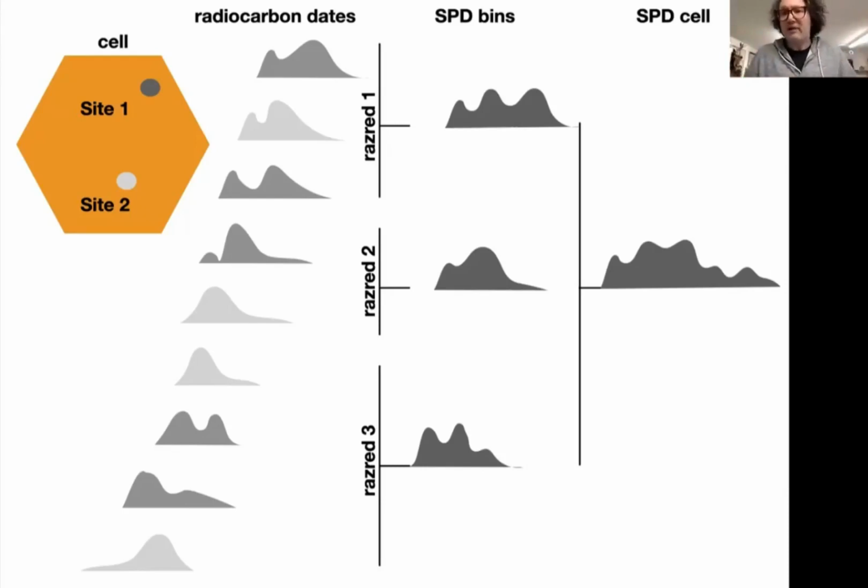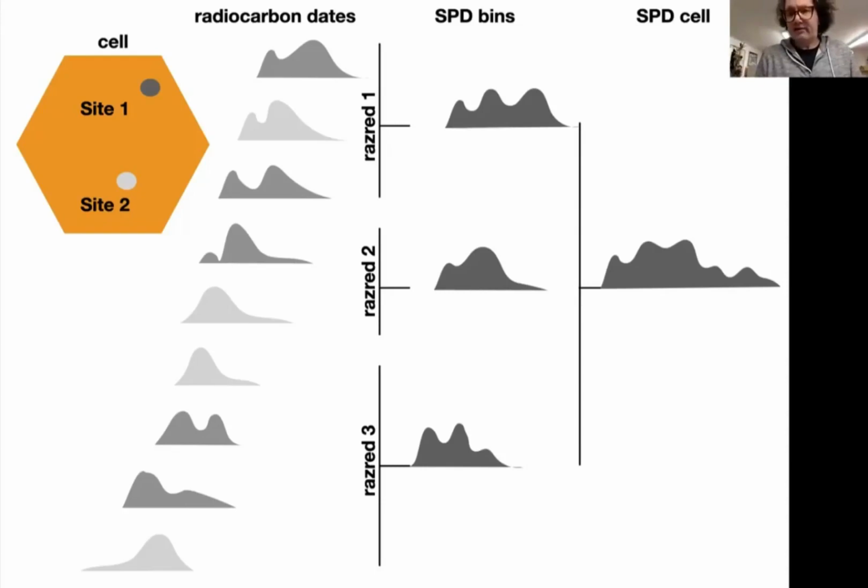So how do you counteract this? You divide your whole period of occupation for the area into bins, and then aggregate dates within bins. You calibrate them, and then you create SPD density plots for each bin, and then add them together.